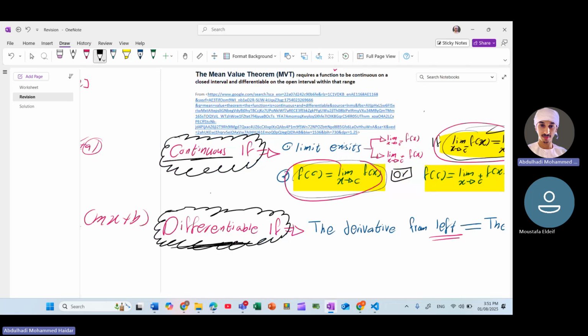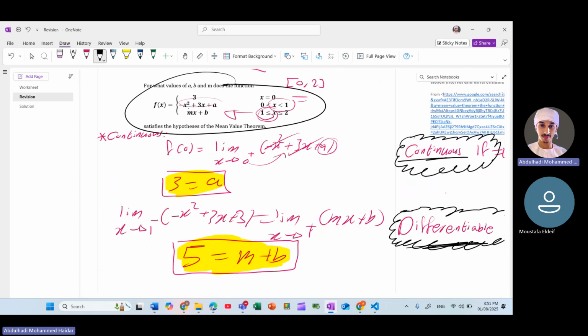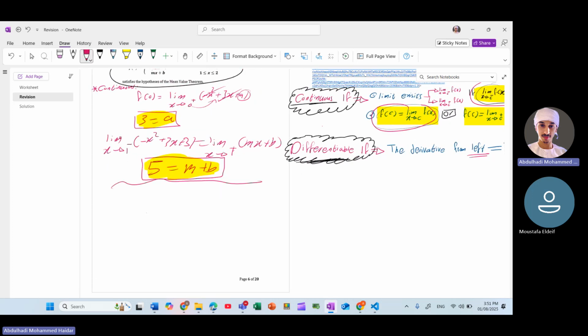I want now to use the differentiable. How? Just differentiate all this. But be careful, when you differentiate, the equal will be removed. So I want to change this piecewise from f of x to f prime of x. So f prime of x equals, I will differentiate the whole thing.